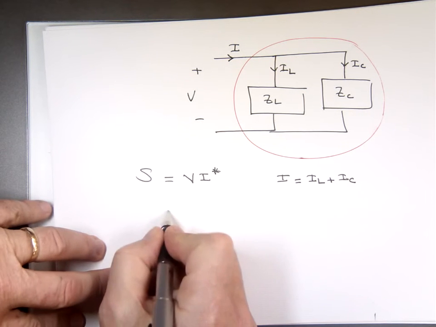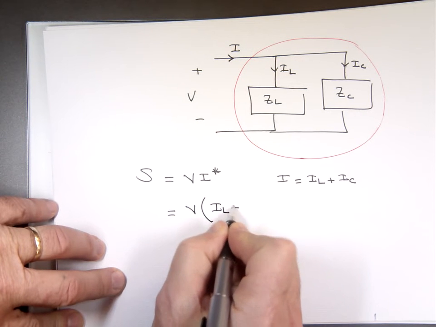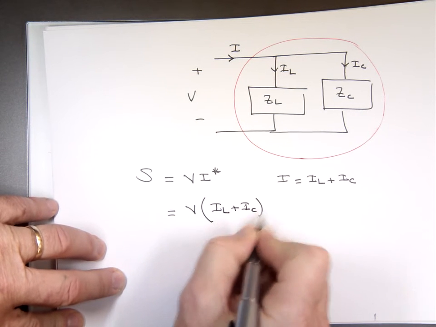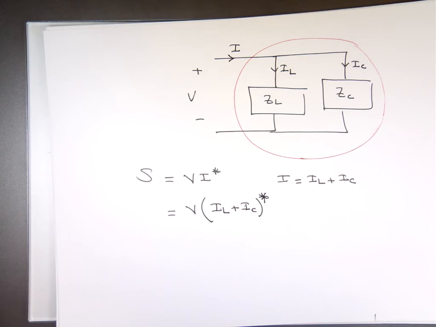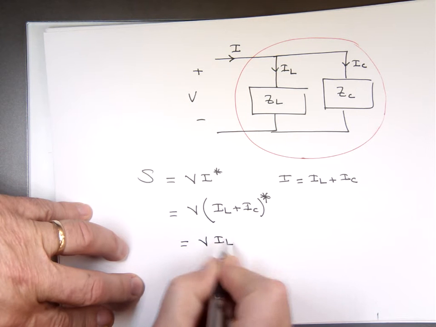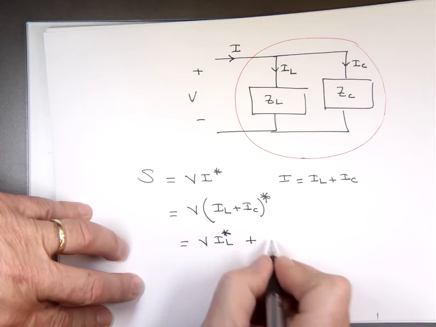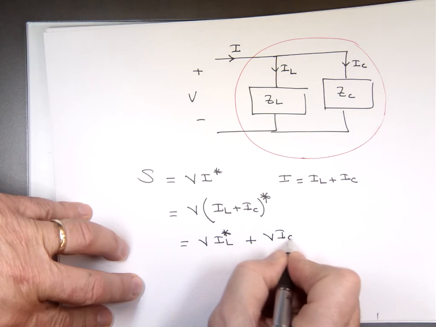So you can say the complex power is V times (I sub L plus I sub C) conjugate. And if you multiply that through, you'll have V times I sub L conjugate plus what? V times I sub C conjugate.